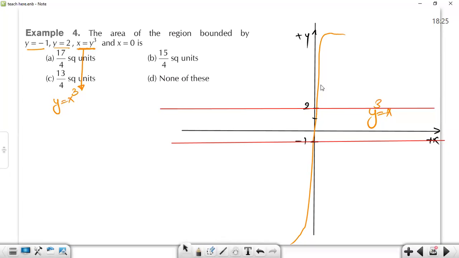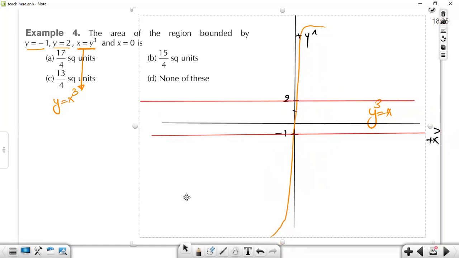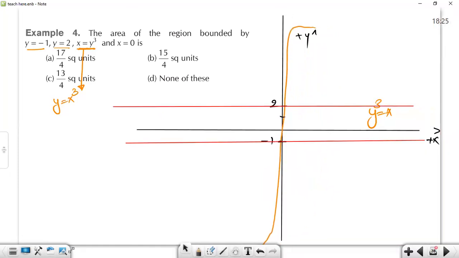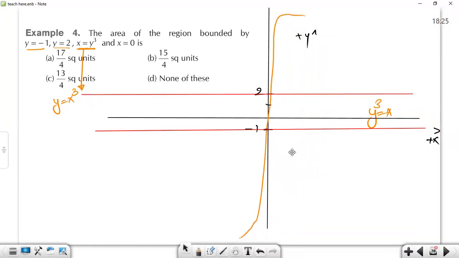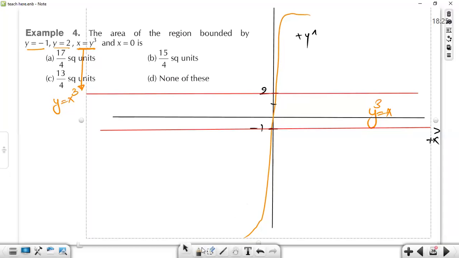We have to zoom this graph for this particular part. Okay, let's zoom this graph. Actually, let me redraw it.